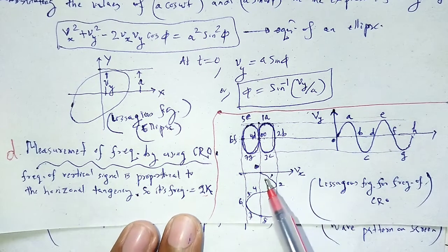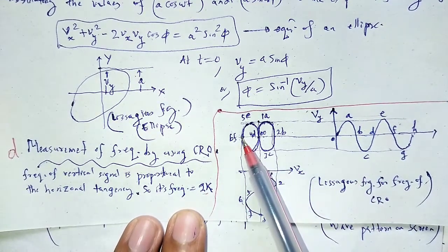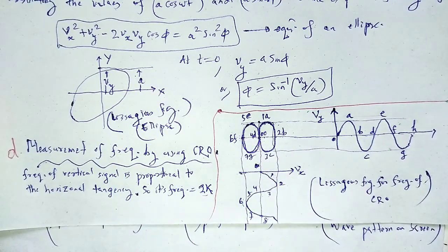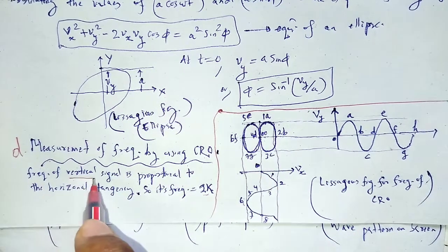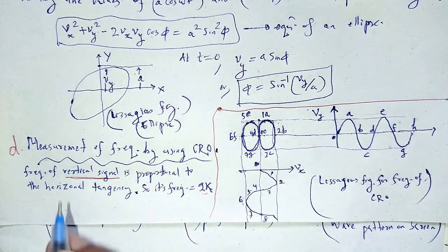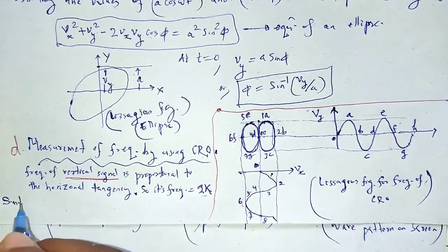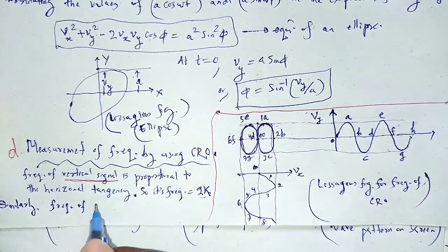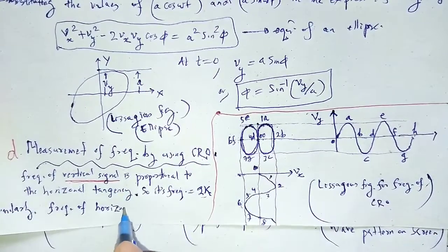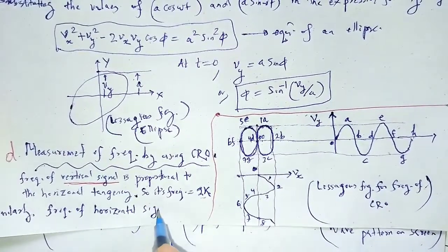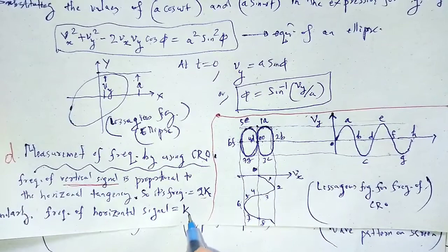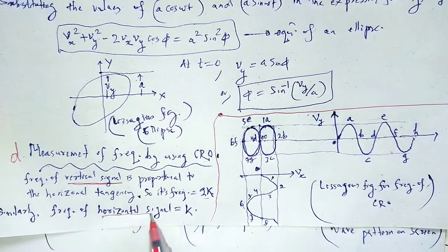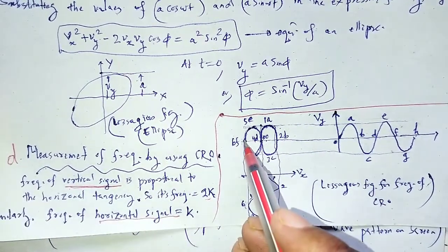Similarly, the vertical line touches once, so its frequency will be k. This is the frequency of the vertical line. Similarly, the frequency of the horizontal signal is equal to k, since it touches once.